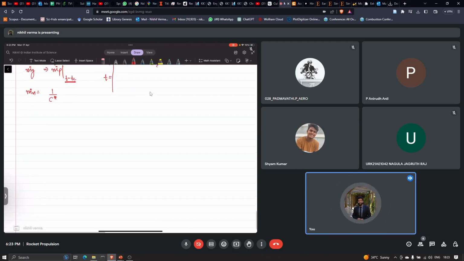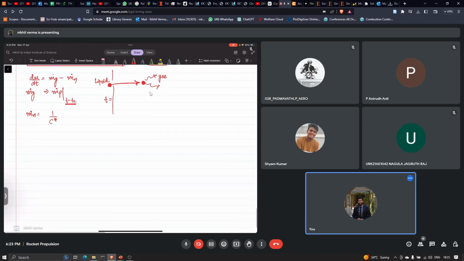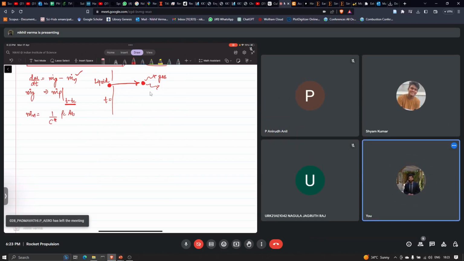Mass through the nozzle can be written as Pc At by c star, right? Similarly, the mass of the propellant can be written as Cd A naught under root 2 rho (P injection minus Pc).